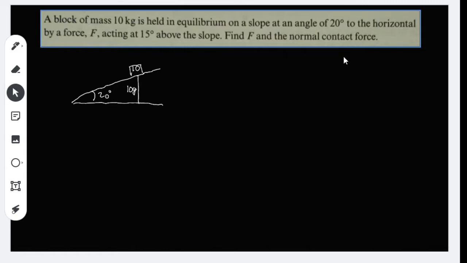So if you want to write 100, it's okay to write 100 Newton for that one. Now, we have your weight, which is 10g, going downwards, and going upwards we will have here your R. The R is your normal contact force. So that is one of the things we're going to solve later. Now, let's continue.